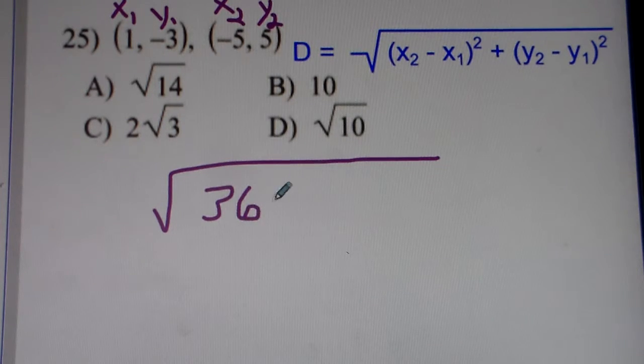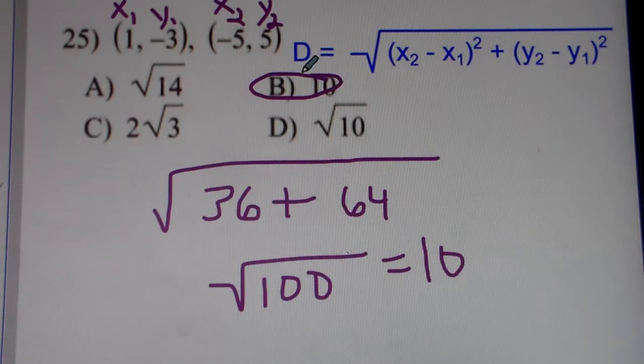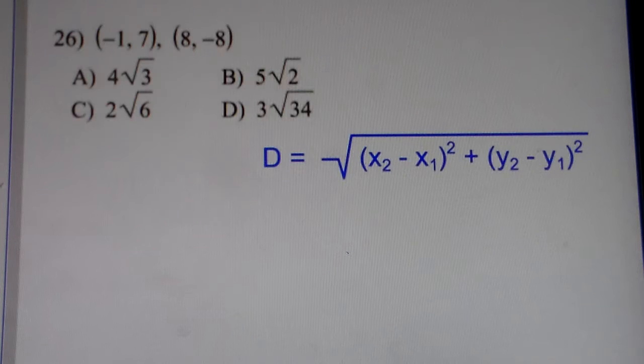So that first one is 36. Plus y2 minus y1, so 5 minus a negative 3 gets you an 8. So 8 squared is 64. 36 plus 64 gets you 100. So you have radical 100, which is equal to 10. So 25 is B, 10.